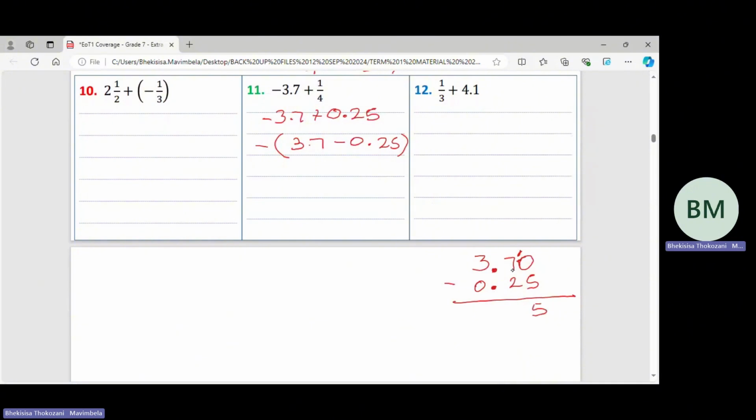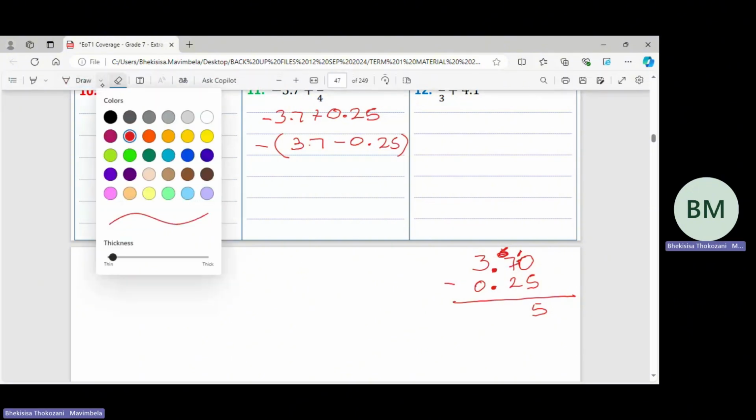Remember, I borrowed here, so this one here now is no longer a 7, but now it is again, what's wrong with my pen? It just keeps disappearing. So now it's 6. Let me just write. I want to get something here. Oops.